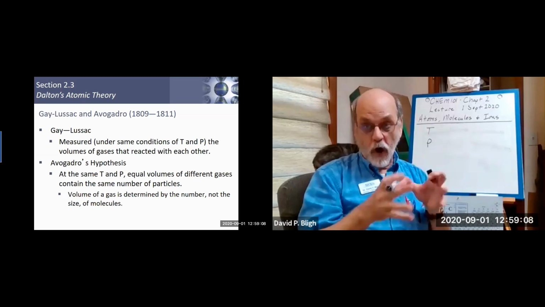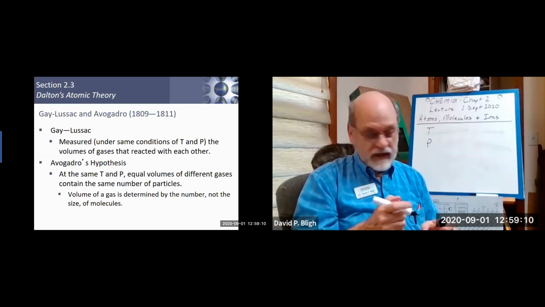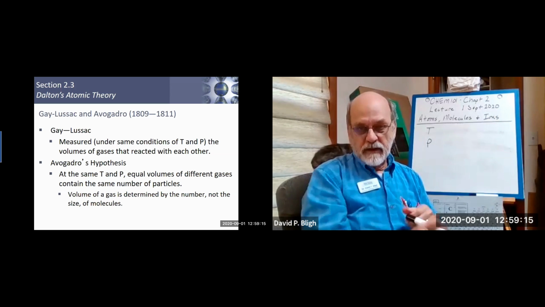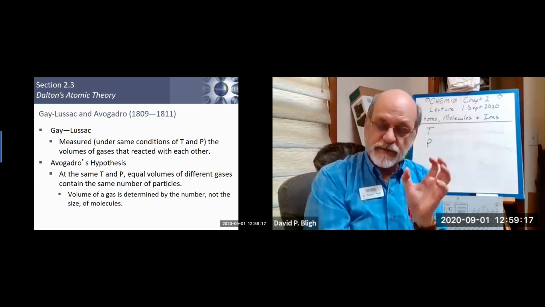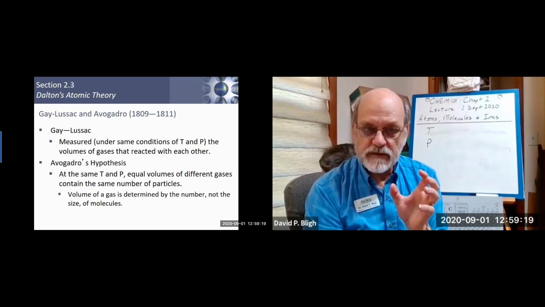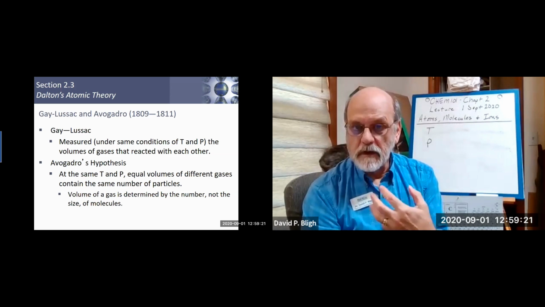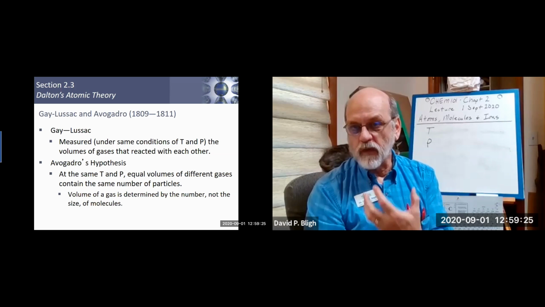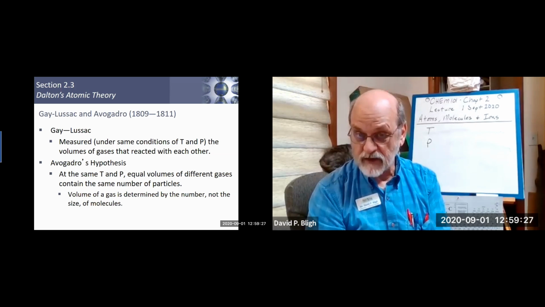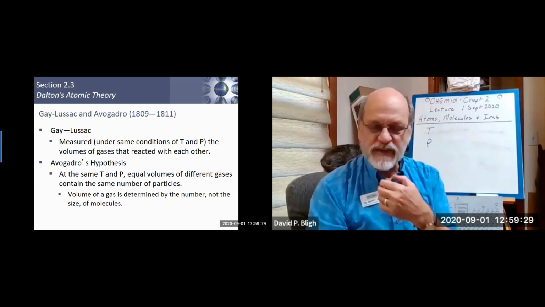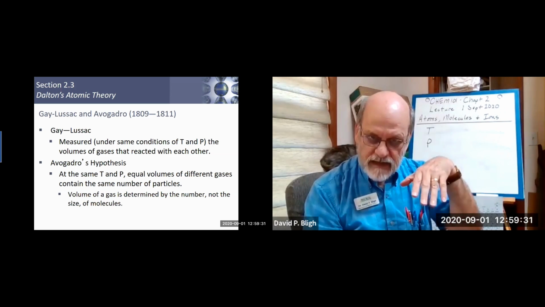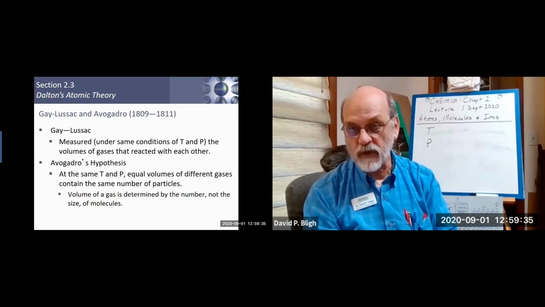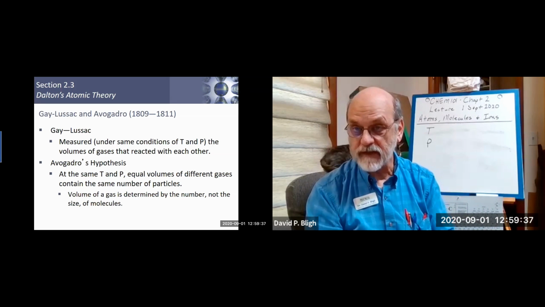That was earth-shattering news. It seems so simple to us because we just take it for granted. But like I said, up to this point, scientists, chemists were dealing with masses only. And they were running into trouble with their chemical reactions because they didn't understand the microscopic level of a chemical reaction, what's going on underneath.